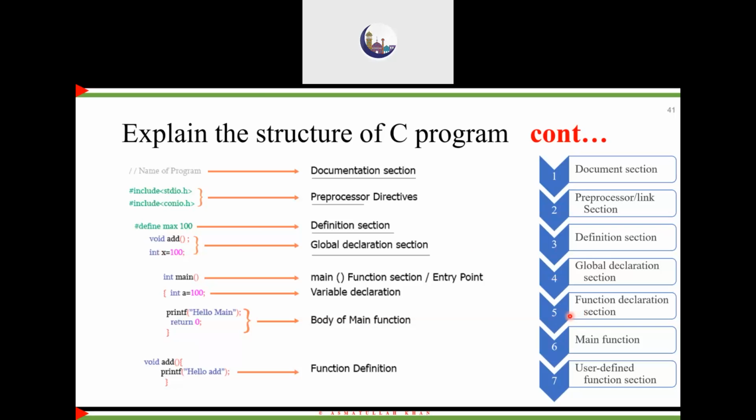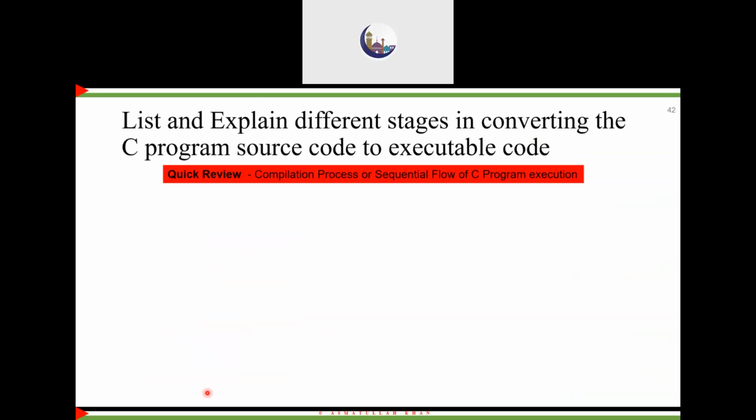Fifth one is function declaration; functions have been declared here. Sixth one is the main function. It starts from the opening curly brace to the closing curly brace. Then the user-defined functions, which is this one. I hope this particular slide is clear for everyone.